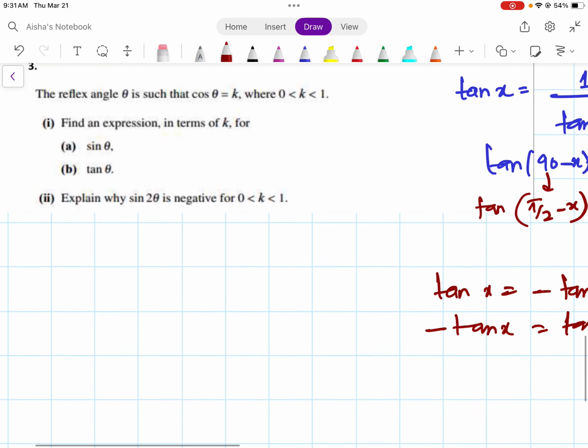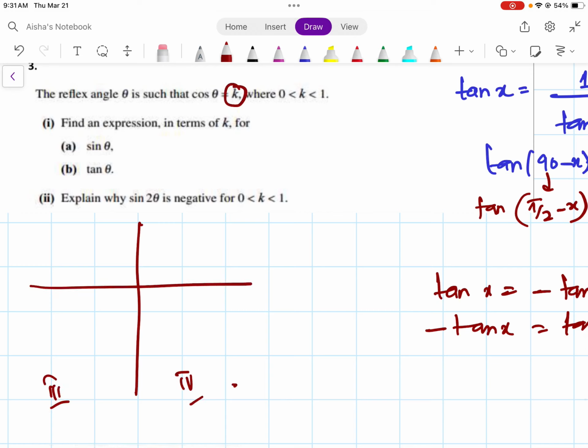The reflex angle. Reflex means that you are in the third or the fourth quadrant. But cos is positive in the fourth quadrant. That means we are in the fourth quadrant and we'll be using the signs of the fourth quadrant.